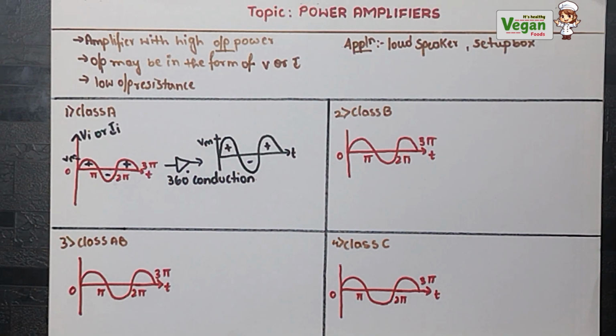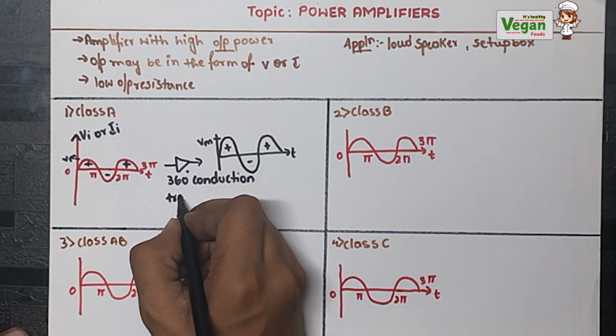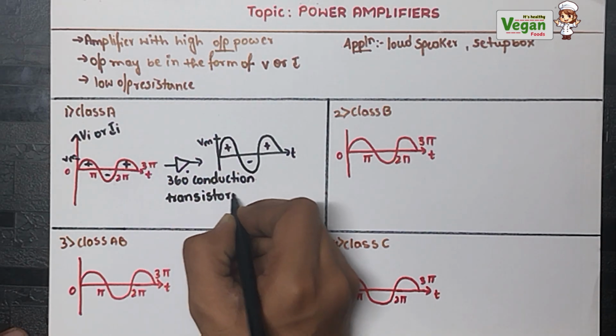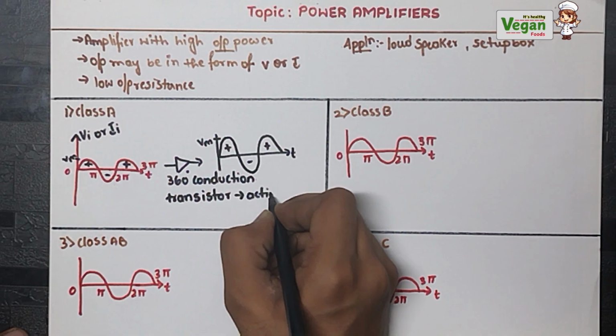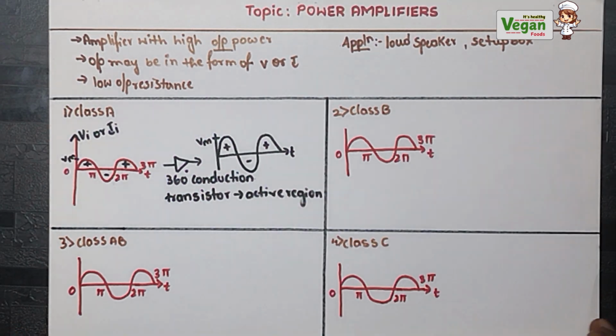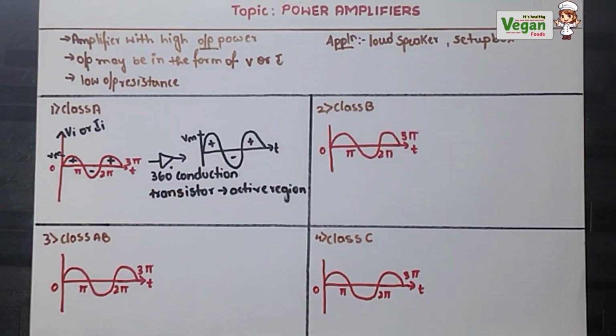During this 360 degree conduction, the transistor must be in the active region. To do the conduction, that is, to amplify the given input signal, we need the transistor to be in the active region.